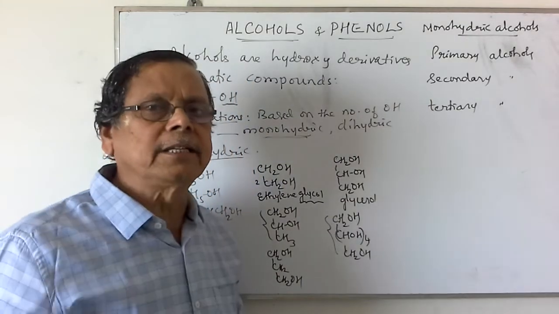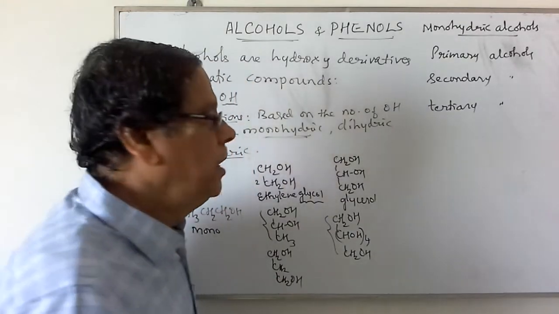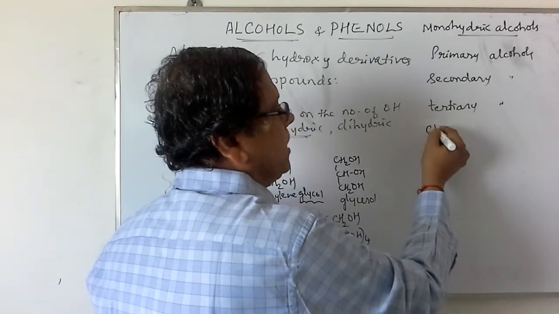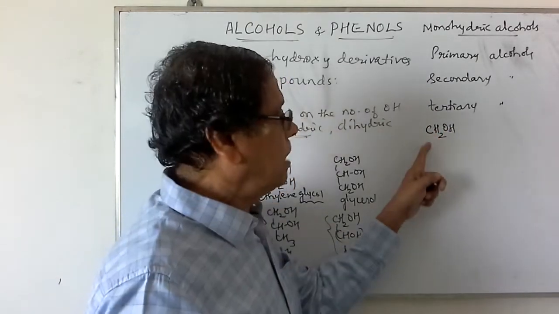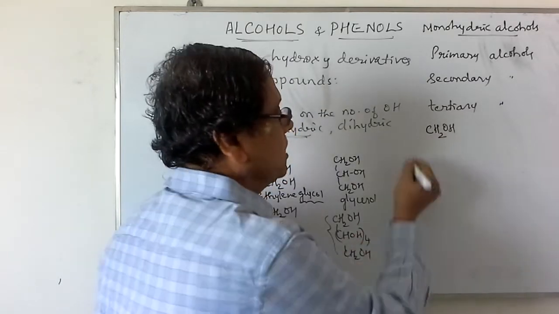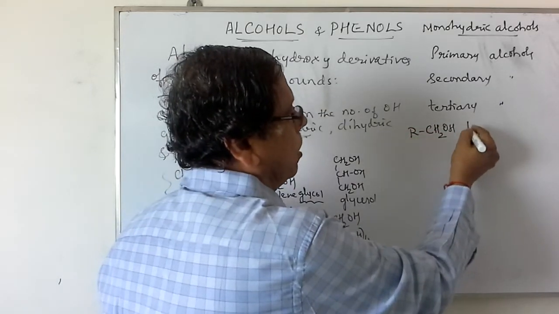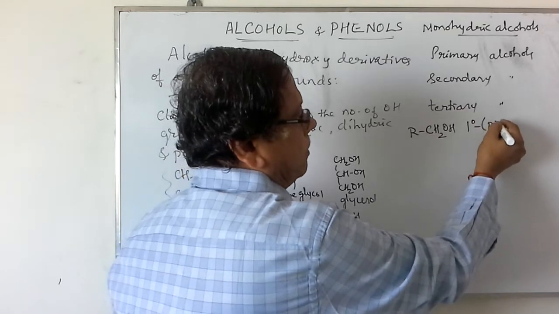It depends on the nature of the carbon carrying the OH group. If the carbon atom carries minimum 2 hydrogen atoms, then such a compound is named as the primary alcohol.